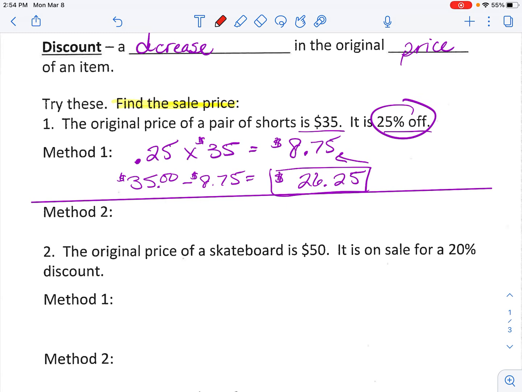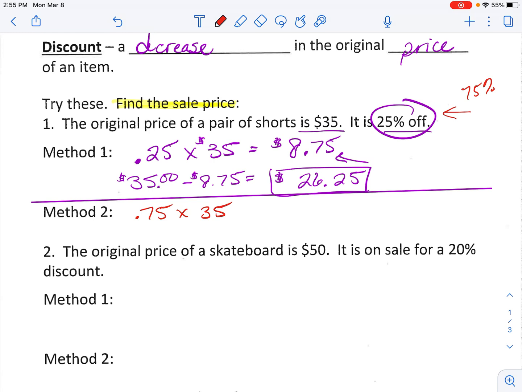Method two would be if you're getting 25% off of your shorts, think the opposite of that. That means if they're 25% off, you only have to pay for 75% of the shorts, right? So 75% is what I'm paying.